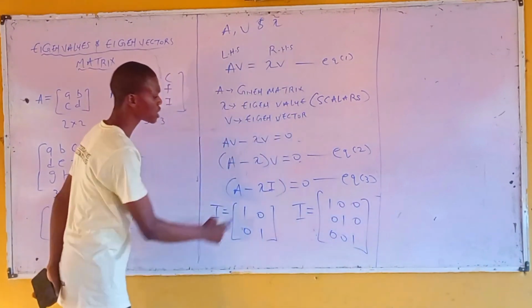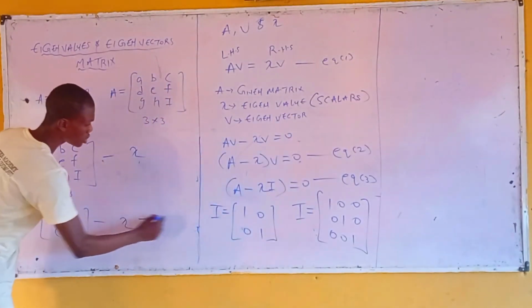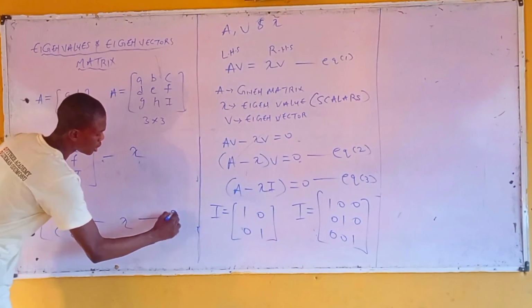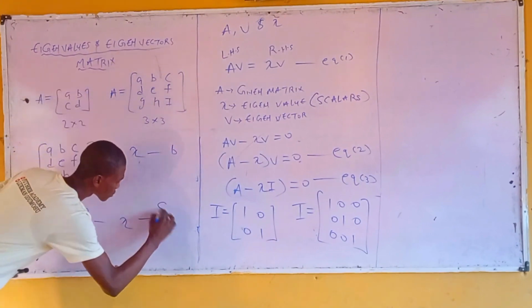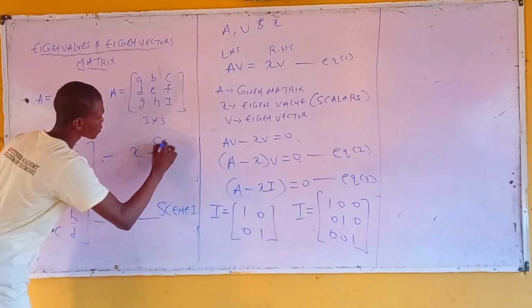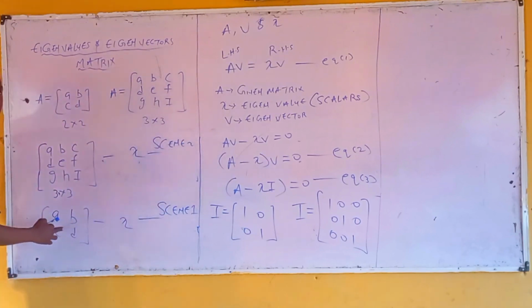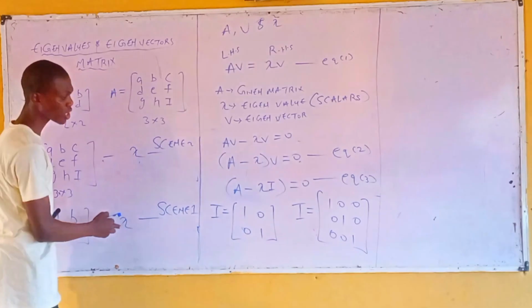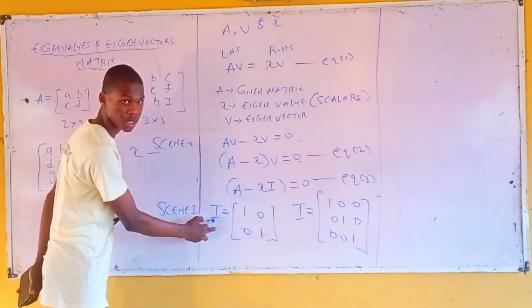So what this means is that your lambda, if it is a 2 by 2 matrix, call this scene 1, call this scene 2. For scene 1, since it is a what? 2 by 2 matrix, it means your lambda will be multiplied by the identity matrix, right?